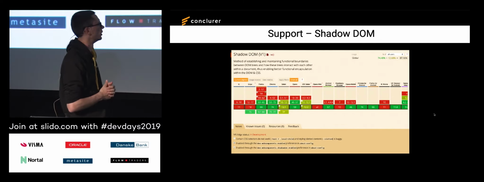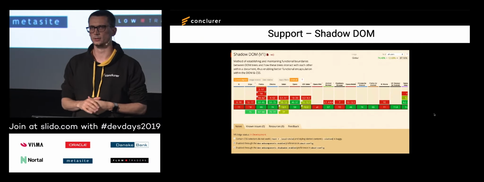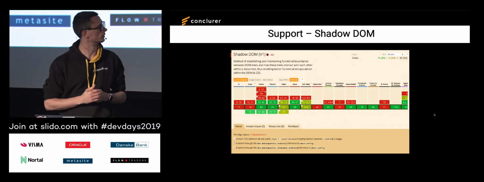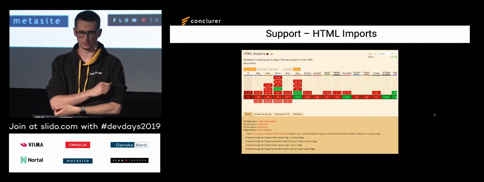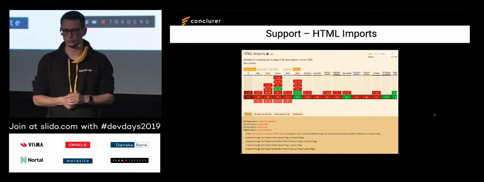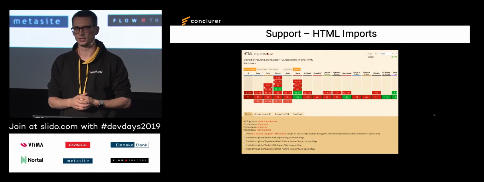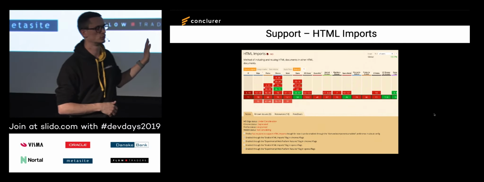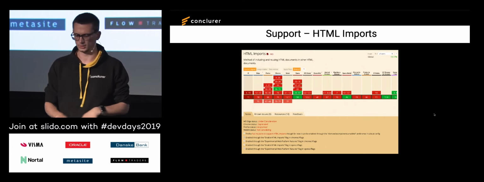It's now supported in all major browsers, also in Safari, with some properties which are not supported, but mainly it is widely supported. And HTML imports are no longer supported because Google Chrome removed them and the W3C removed them from the specification, because we have ES modules. I haven't listed ES modules here because they're supported in every browser currently, except IE.